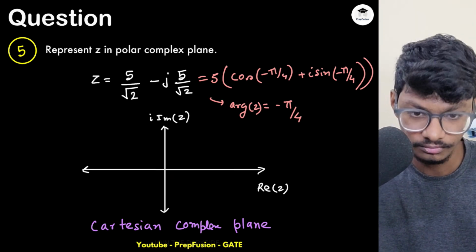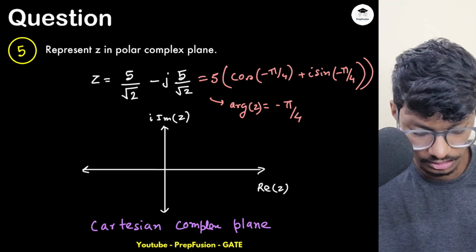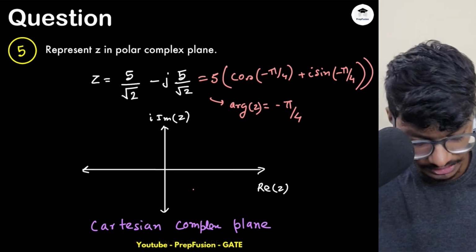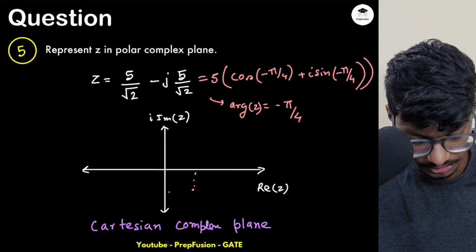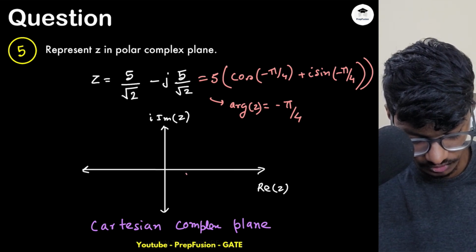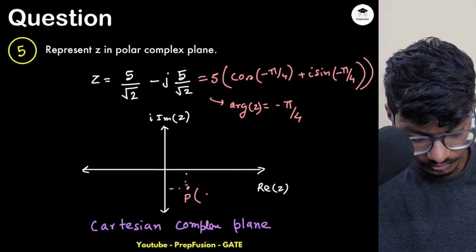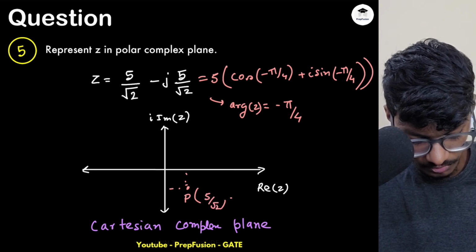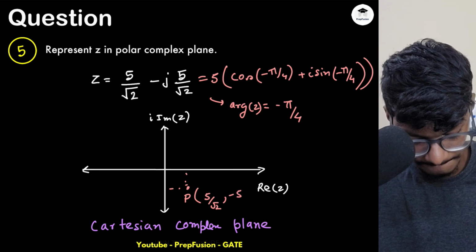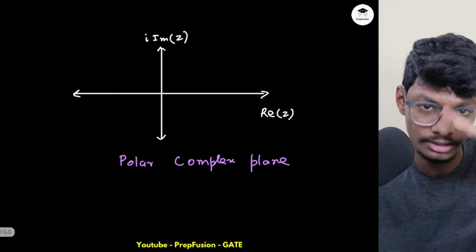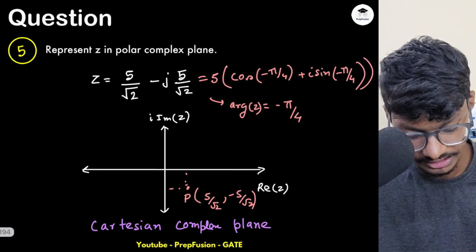So obviously, first of all, in the Cartesian complex plane I'm lying somewhere around here. The distances are equal, although it doesn't seem so, but they are equal, trust me. So this is my point P, which is 5 by root 2 comma minus 5 by root 2. In the polar plane, first I will draw a circle of radius 5.